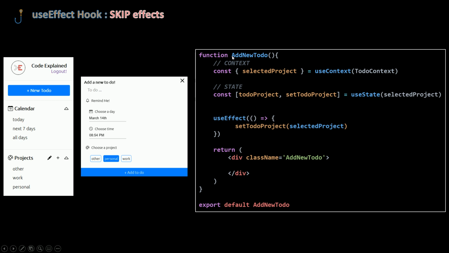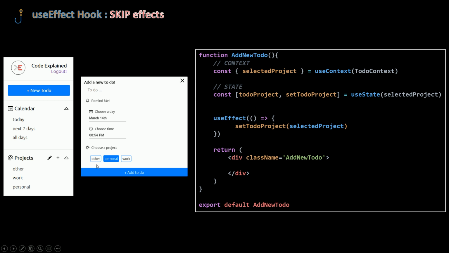Now my add new to-do re-renders. Remember, the selected project is personal, but to-do project is now other because I clicked on other. Now after the render finishes, my useEffect will call the function, and it will set the to-do project to the selected project, which is still equal to personal.